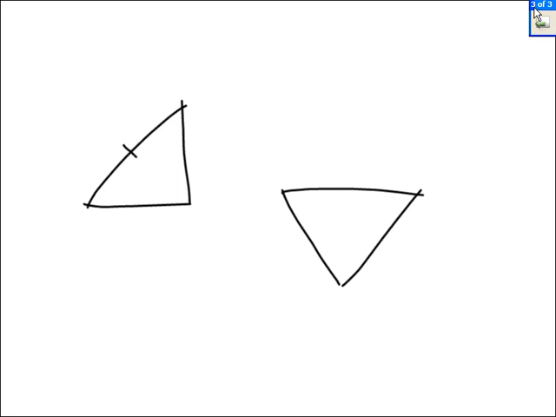If this angle is the same as that angle, and this angle is the same as that angle, and not in between, but this side and this side are equal, you cannot say that these two triangles are congruent by AAS.